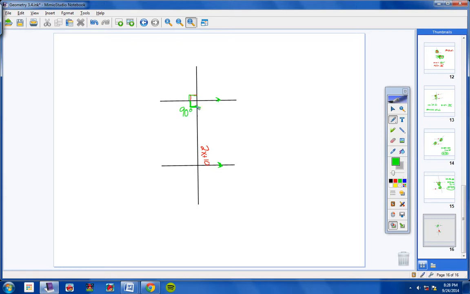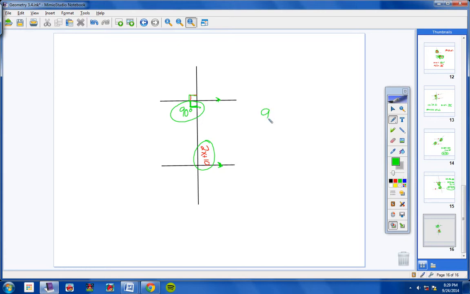Now, I do have a name for this angle here and this angle here. They're called alternate interior angles. So when two parallel lines are cut by a transversal, their alternate interior angles are congruent. So this angle here and this angle here are congruent.